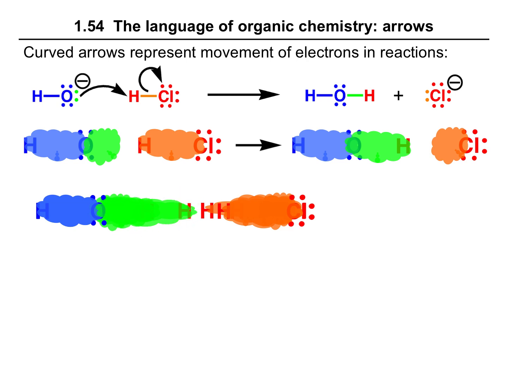And then this cloud stretches out as this bond is breaking. So whenever you are seeing arrows, I want you to try to think about squishy clouds, and that it's this movement of the clouds that is actually happening in the reaction.